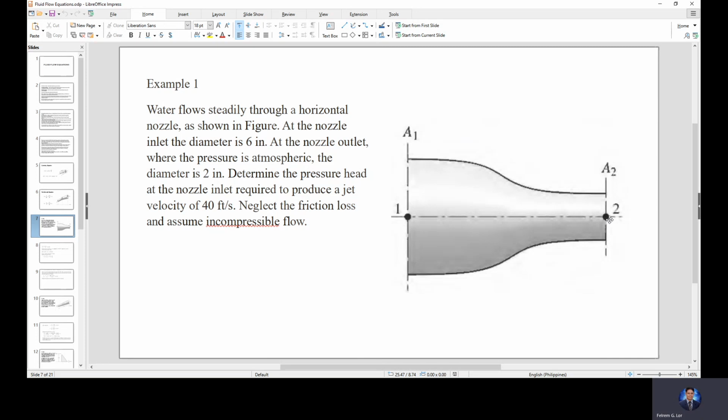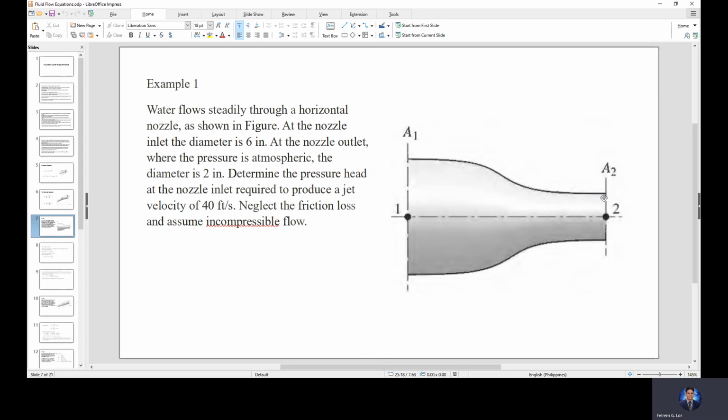At the nozzle outlet, the pressure is atmospheric. Since this is a nozzle, the flow comes out at point 2, so we can just assume that the pressure at point 2 is equal to atmospheric pressure. So what does that mean?